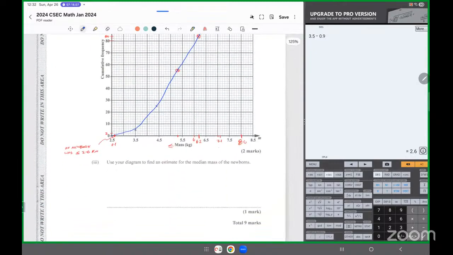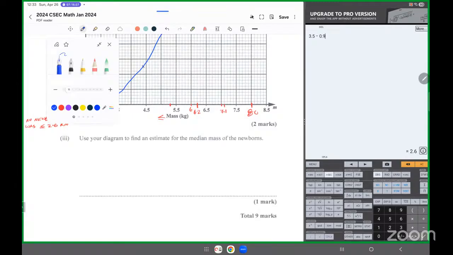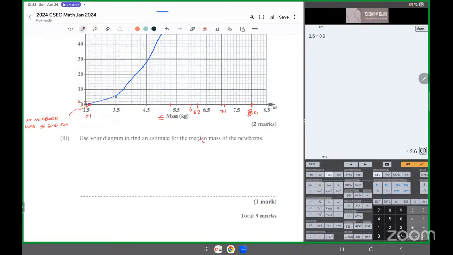All right. So they want us to use your graph to find an estimate for the median mass. So the median mass corresponds to the 50th percentile, right? Q2, the second quartile. The median mass corresponds to Q2.